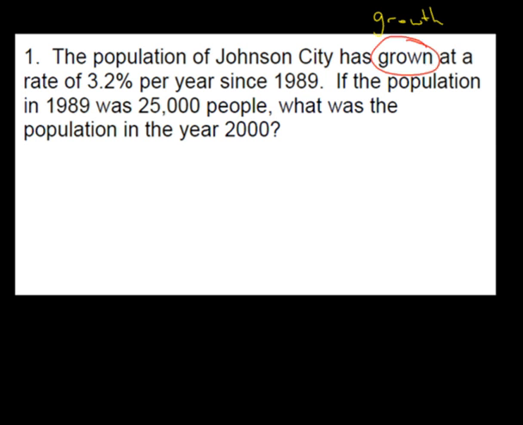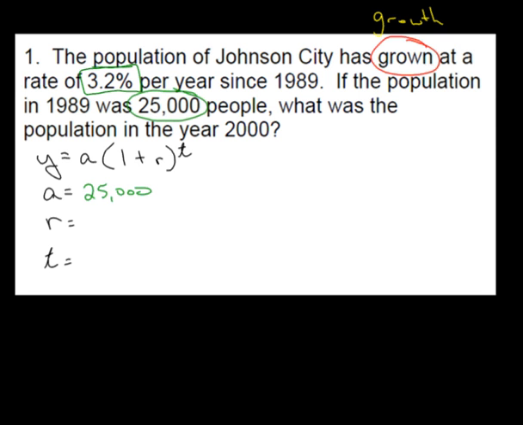So that means I'm going to be using the formula y equals a times 1 plus r to the power of t. So go and collect my information. I need a, I need r, and I need t. A is what we start with. We are starting with 25,000 people. R is our percentage.